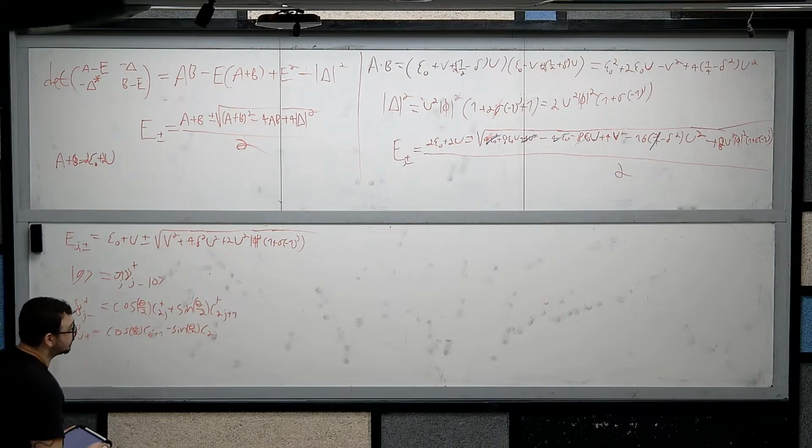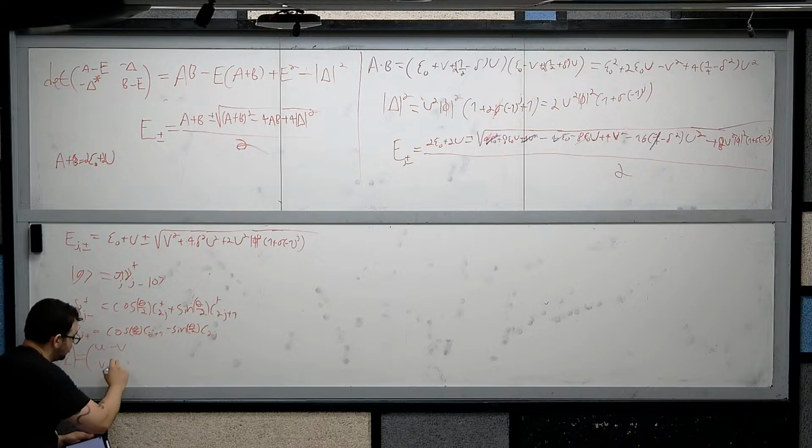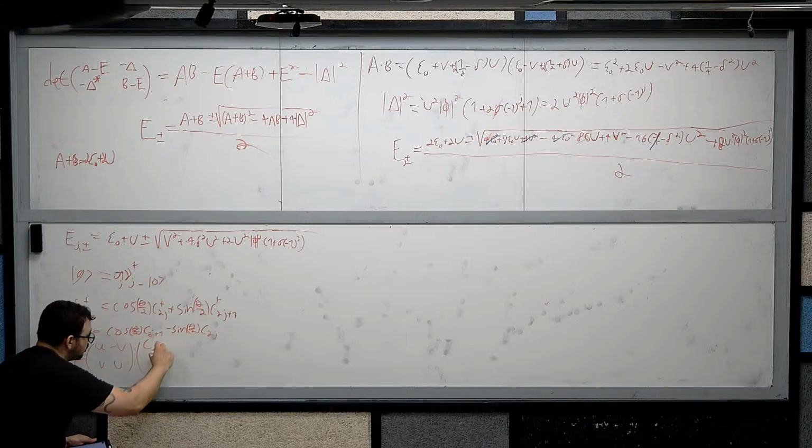And again, following the exact same transformation where gamma plus gamma minus equals u v c J plus 1.